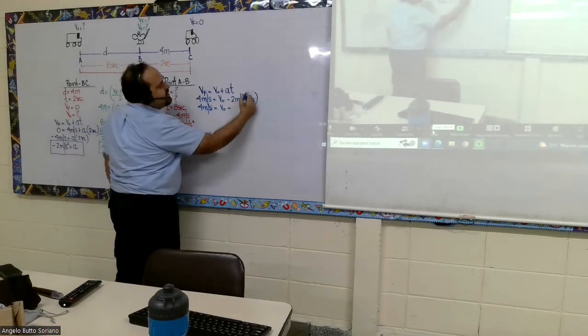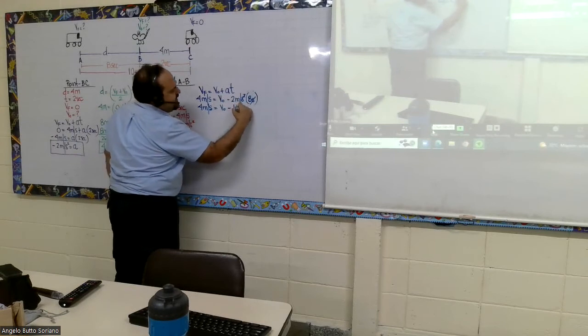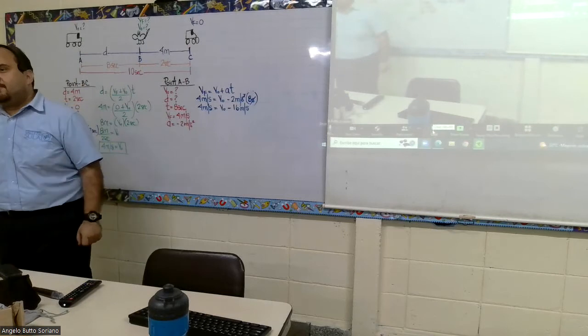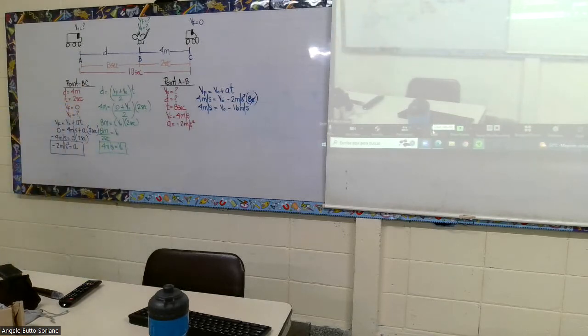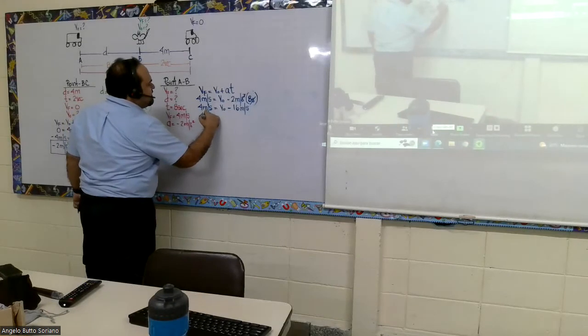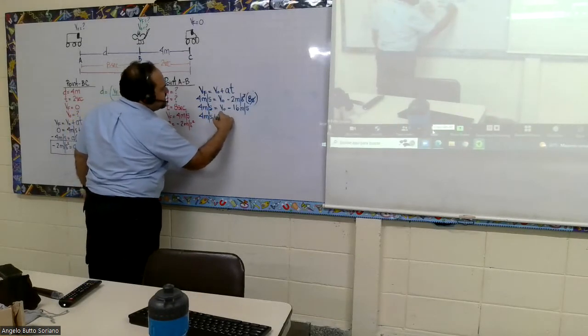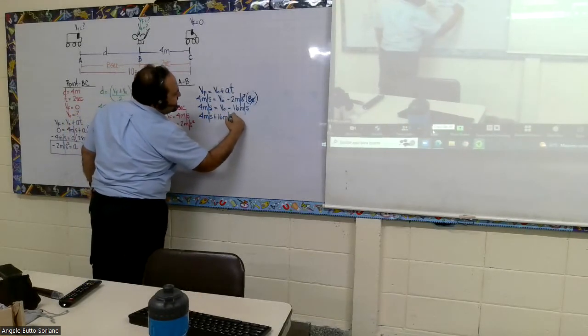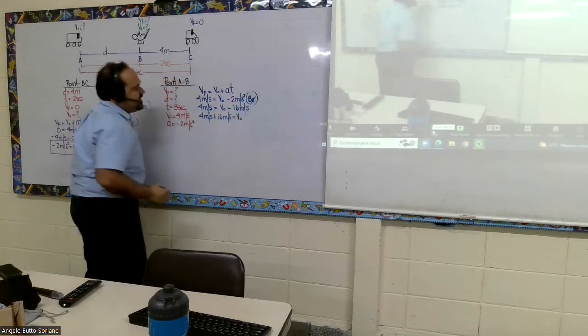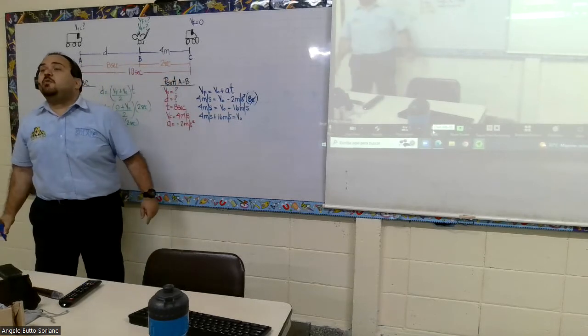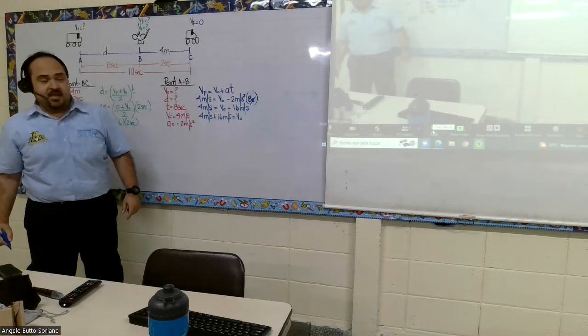And we can cancel one unit of the second, and we have 16 meters per second, right? And because 16 is subtracting, it passes to adding. So 4 meters per second plus 16 meters per second equals the initial velocity. And 4 plus 16 is 20.